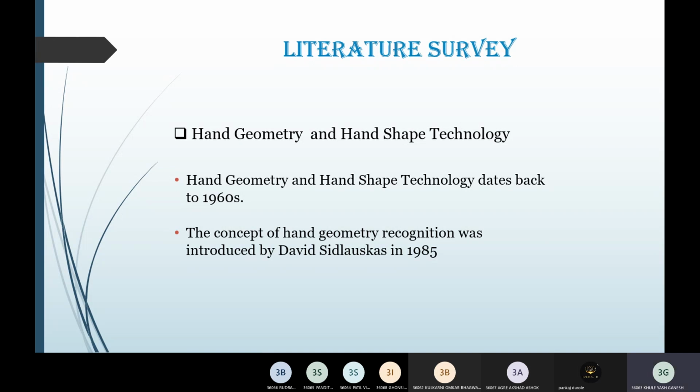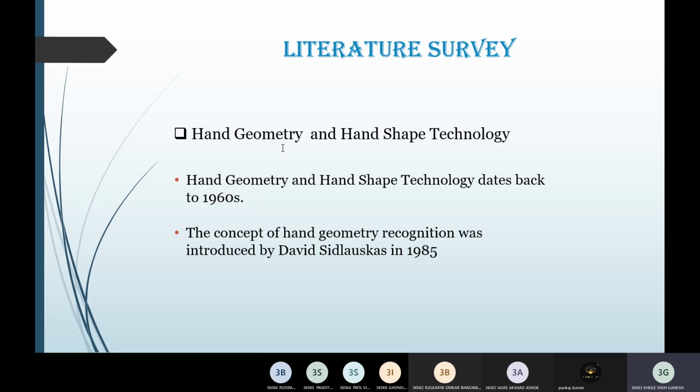This concept was introduced by David Sidlowcus in 1985. It actually dates back to 1960, and it was commercially deployed in the early 1970s, with one of the first deployments at the University of Georgia in 1974.